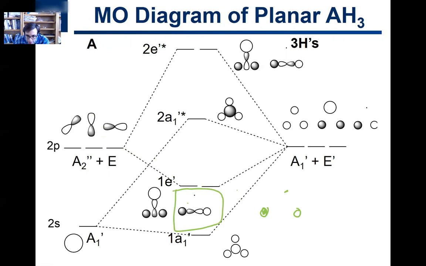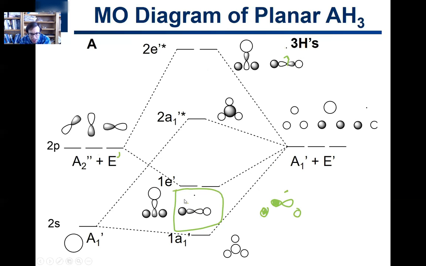That picture is technically just a little off because that p orbital here, that's the px or the py orbital, should be in the center. So it's really going to look like that. And same with this one. This should just be moved up to the center. That p orbital is on the central atom. And while we're here, we'll just mark that as E prime. Okay, it's a very small error there.